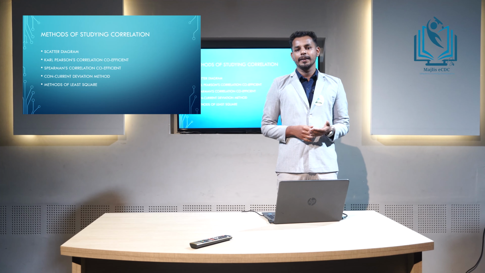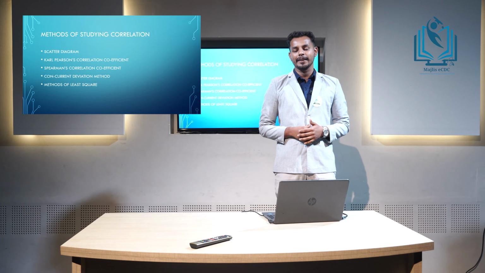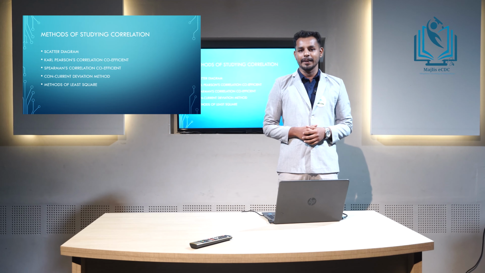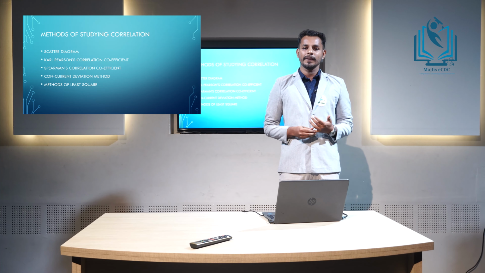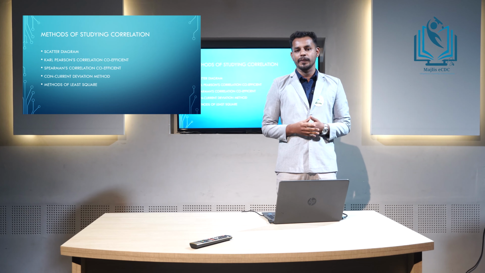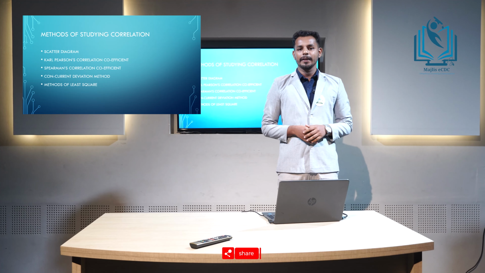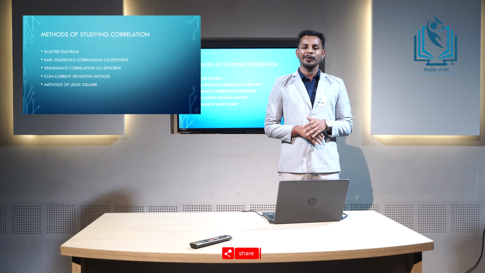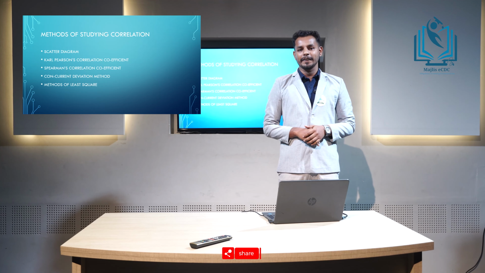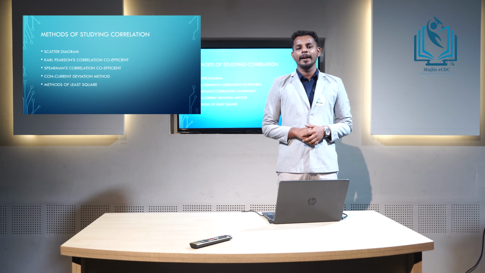Along with Karl Pearson and Spearman rank correlation, we have another method, the concurrent deviation method. Under this method we use plus symbols, negative symbols and also zero symbols for identifying the relation between variables. And the last but not least is the method of least squares.